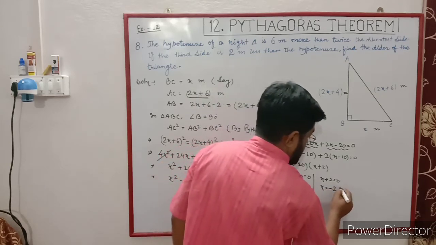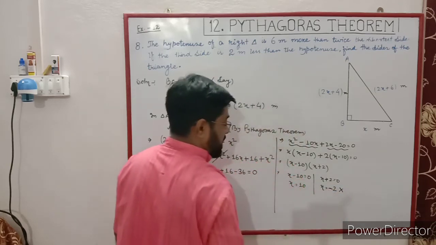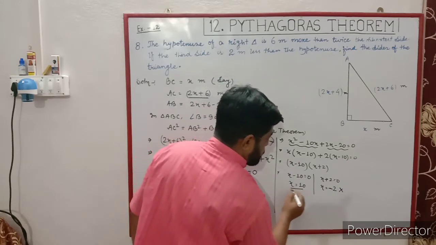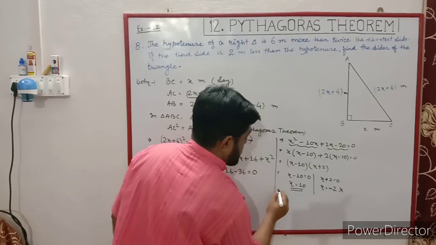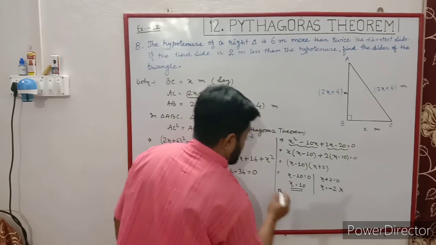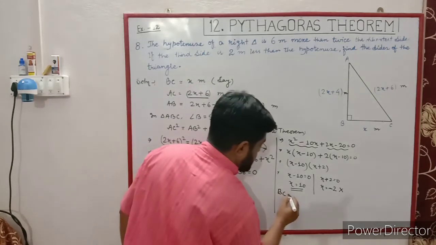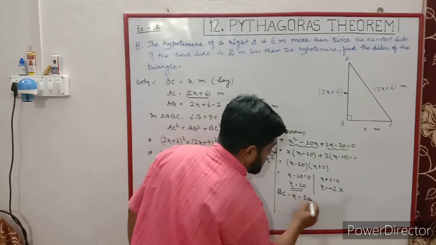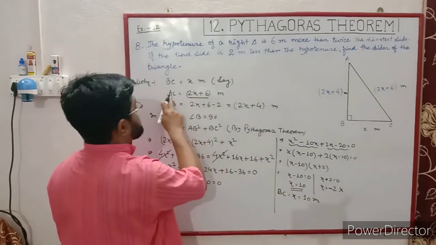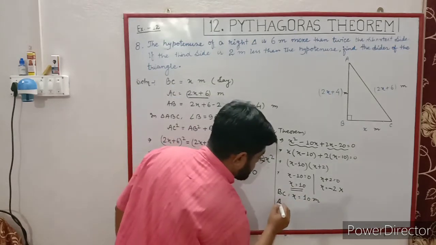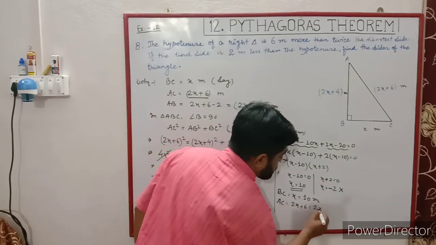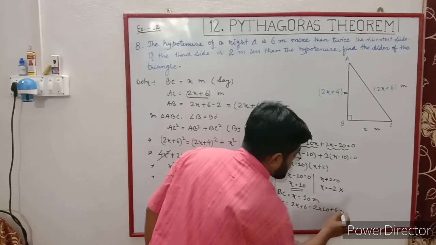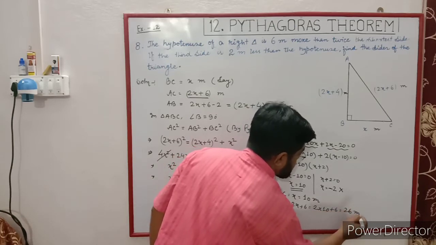Now ignoring the negative value, x is equal to 10. So the side BC is equal to x, which is 10 meter. Now hypotenuse AC is equal to 2x plus 6, so 2 into 10 plus 6 is equal to 26 meter.